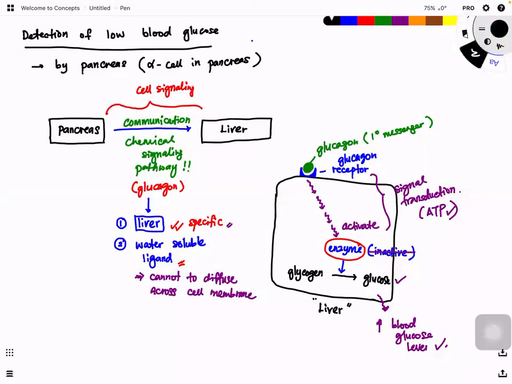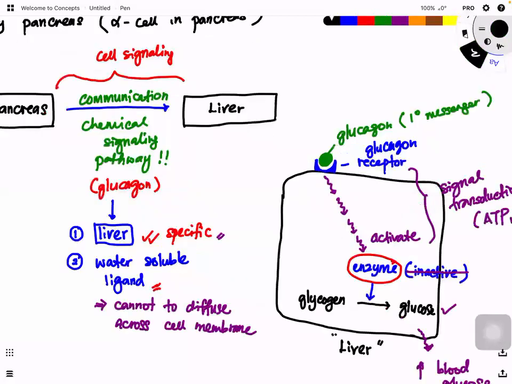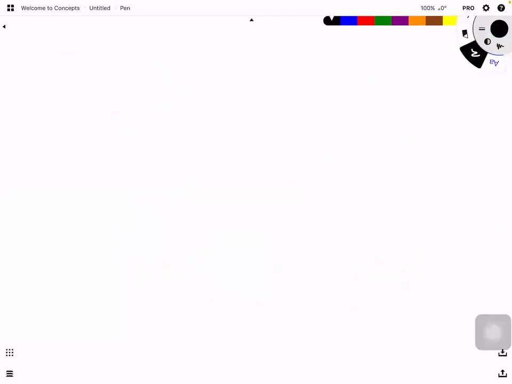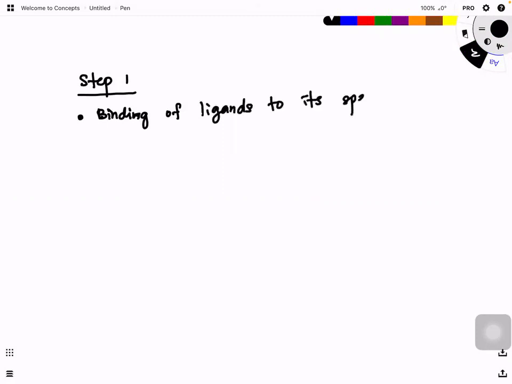So in terms of this process, we have three very important steps here. First, step number one: binding of ligands, meaning the hormone, to its specific binding site on the receptor.